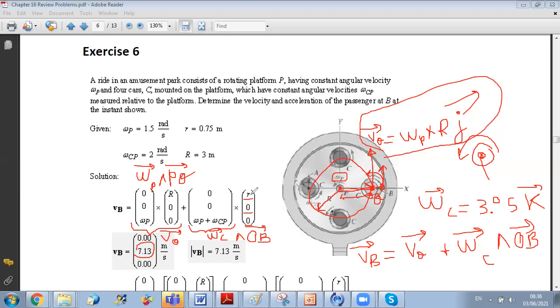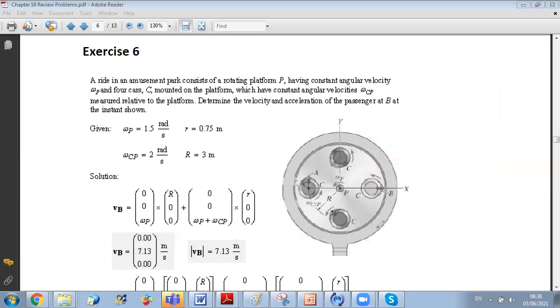Now, another method is to do the rotation motion. We use the relative motion with axes that are rotating. Why can we do it here? Because look, B is on a rigid body that is rotating relative to another frame. So if you remember when we talked about the vectorial relation of rotation, what did we say?